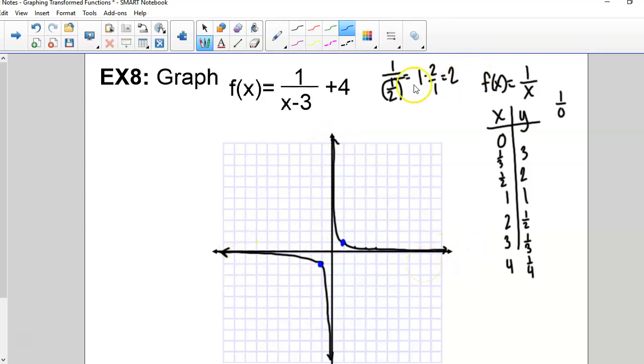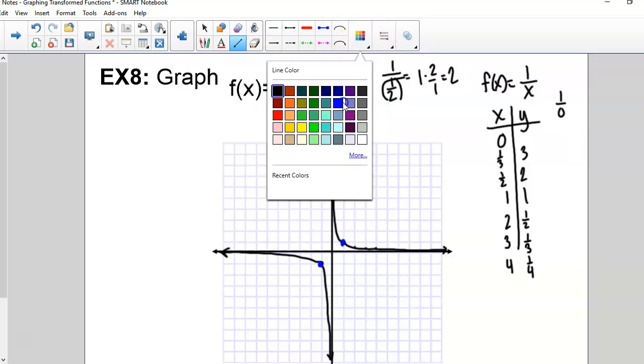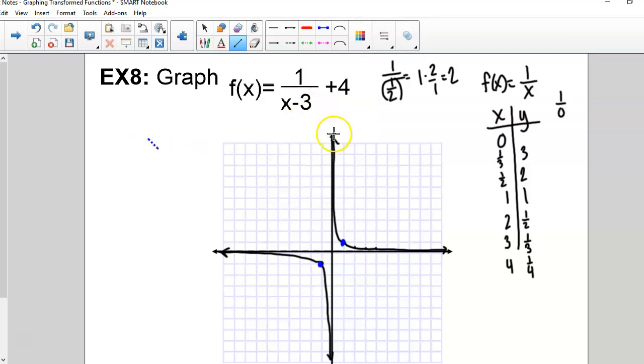A lot of times, I like to actually draw them in. So if we draw them in here, have a dotted line, let's make that blue. It's not actually part of the graph, but I know right there is my vertical asymptote and right here is my horizontal asymptote. I like to draw them in so that I don't cross that line. You don't have to draw them in, but you better not cross that line.